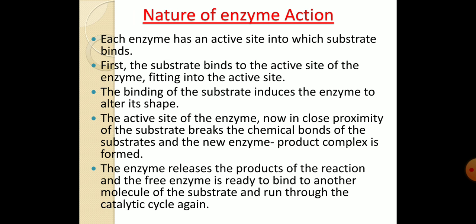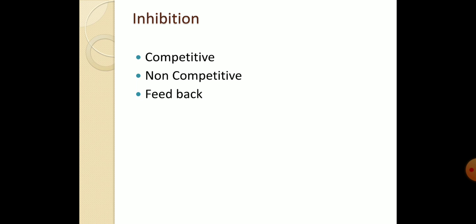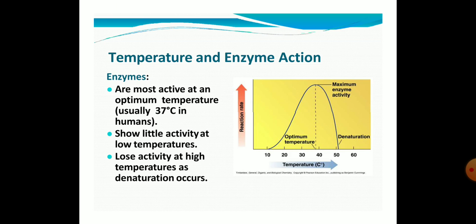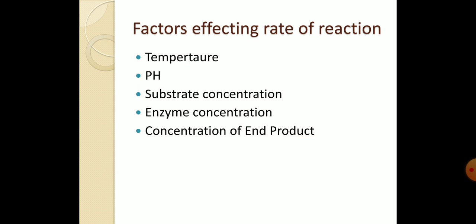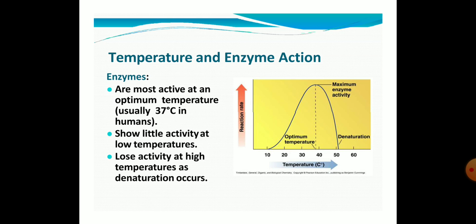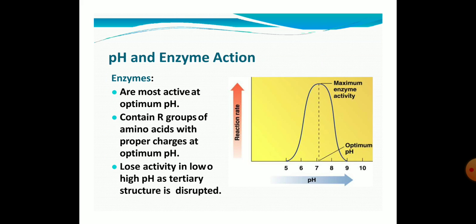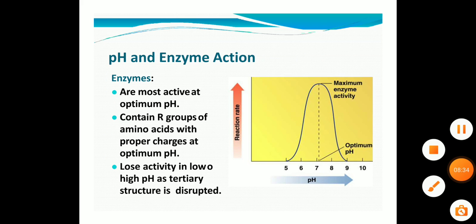That's why they are called biocatalysts. But sometimes they may inhibit also. They are called competitive and non-competitive inhibitors. Next, the factors affecting, as already told: temperature, pH, substrate. All those factors play a key role in the enzyme reaction, so we will study that in the next class.